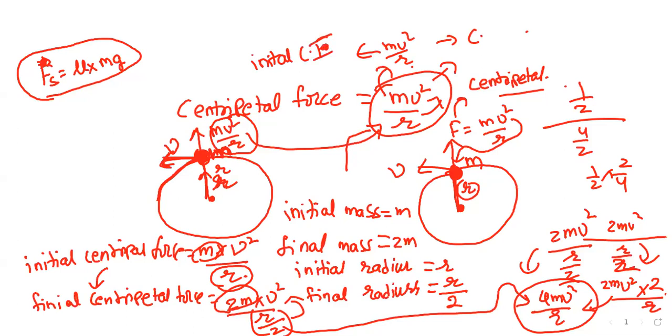This is 4mv square upon r. So this is multiplied by 4 times, right? Yes. So the final centripetal force is 4 times the initial centripetal force. So whenever we double the mass and reduce the radius by half, the centripetal force is going to increase by a factor of 4.